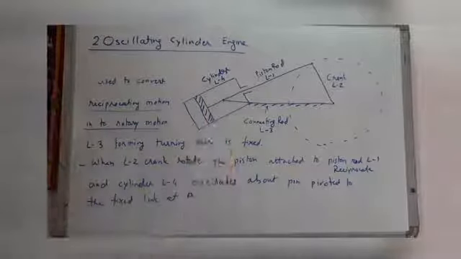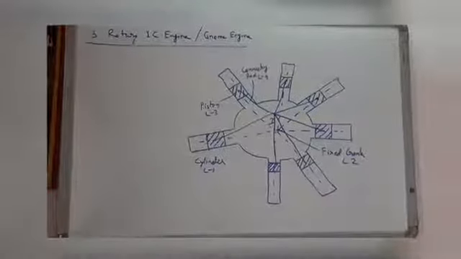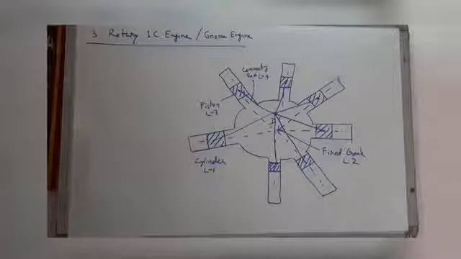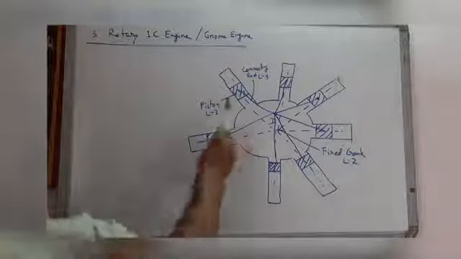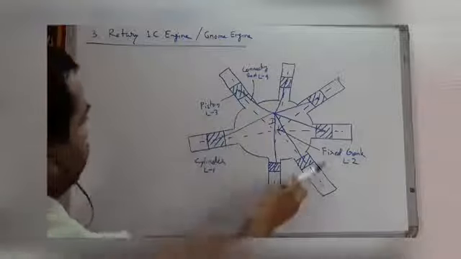Then next type of inversion is rotary internal combustion engine or Gnome engine. Here, this is the arrangement of this type of engine. Here number of cylinders and pistons are there.